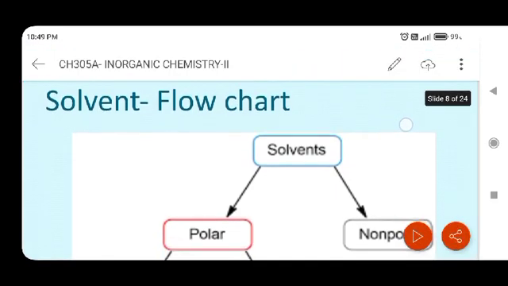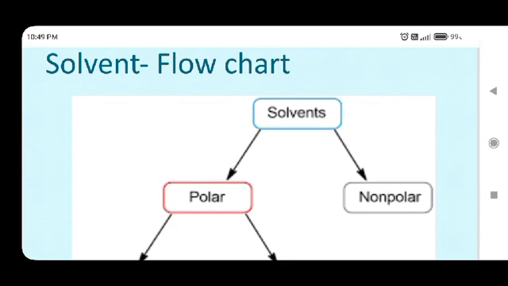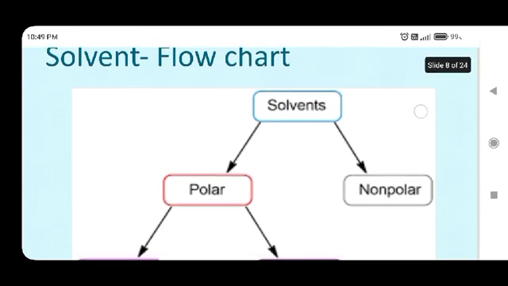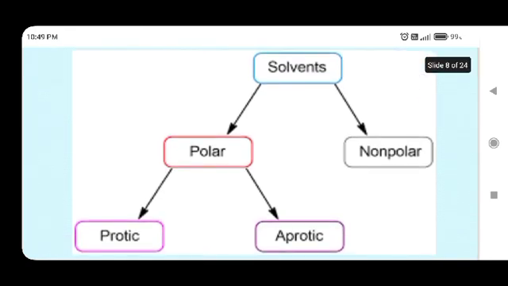The solvent has two types initially, polar solvents and non-polar solvents. And the polar solvents are further categorized into protic and aprotic. So this is one important flow chart which classifies solvents into polar and non-polar, and again polar into protic and aprotic.